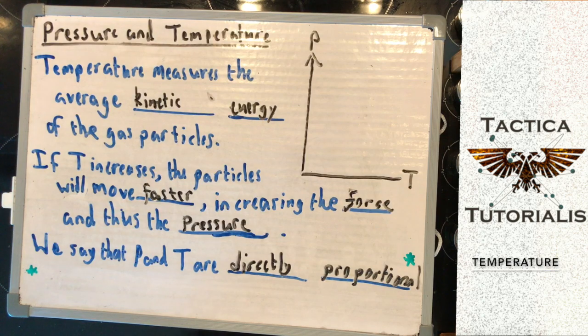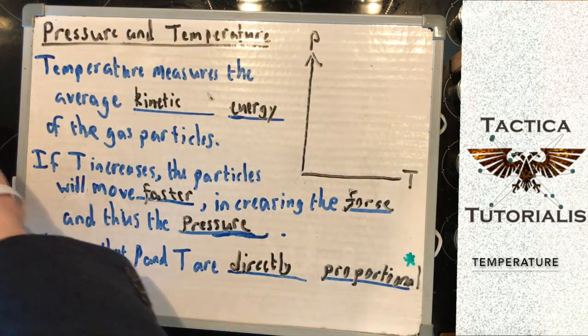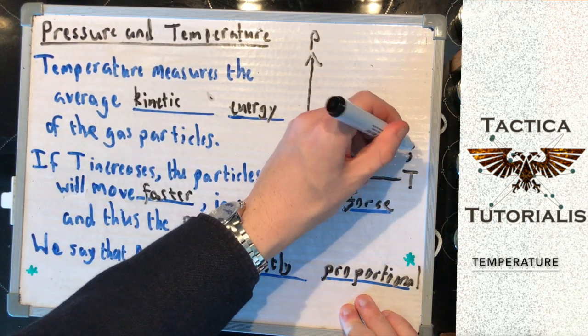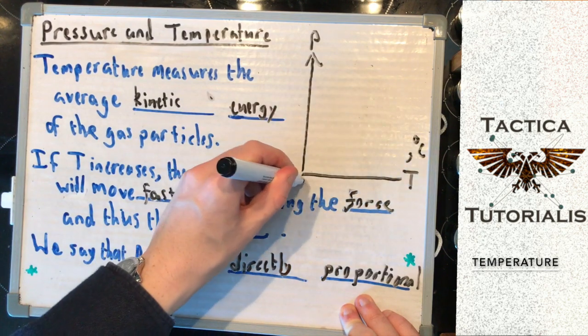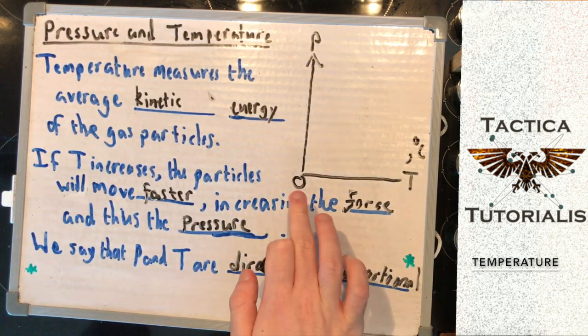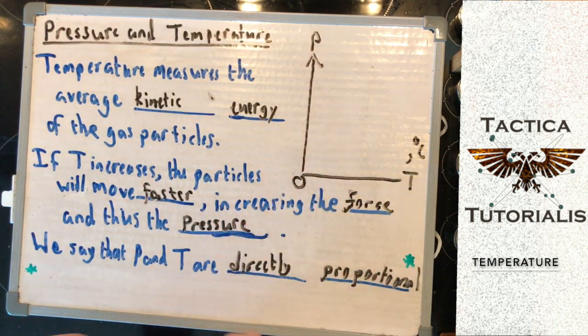So what that means is that pressure and temperature are related by a straight line graph through the origin. Now bear in mind, the origin of a temperature graph is at 0 Kelvin, absolute zero, which is minus 273 degrees Celsius. So if this temperature was in, shall we say, degrees C, and that was 0, that's actually not absolute zero.